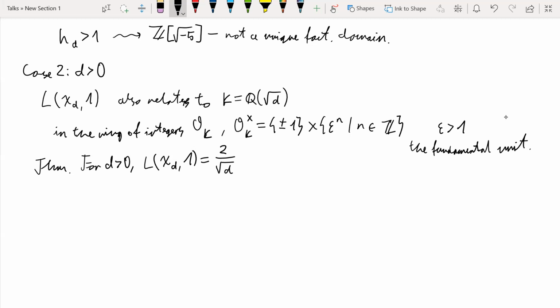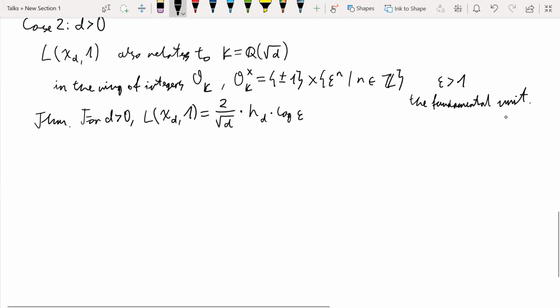So similar as before, except without this pi here. And now we will have the class number as before, and we will also have the logarithm of this fundamental unit epsilon. So let me try to explain a little better what this looks like by again considering an example.